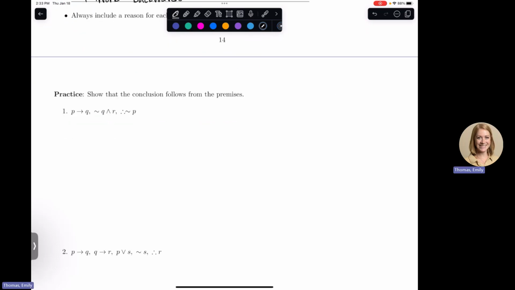We don't have time to do all of these, but what I will do is let you try and see if you find a way that works for you. So why don't you do number 2?